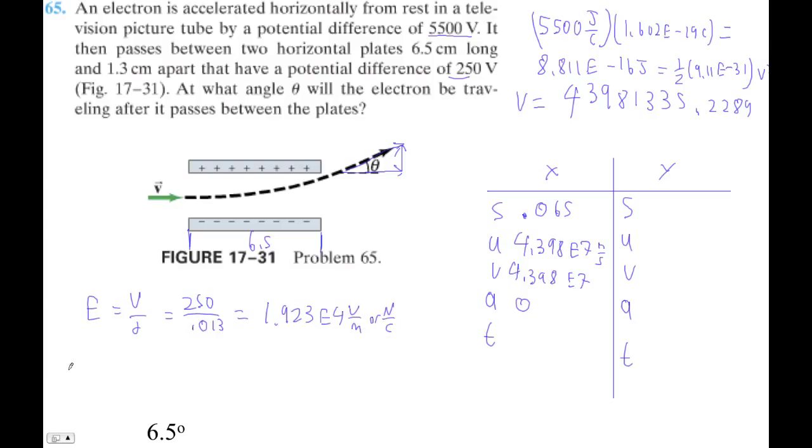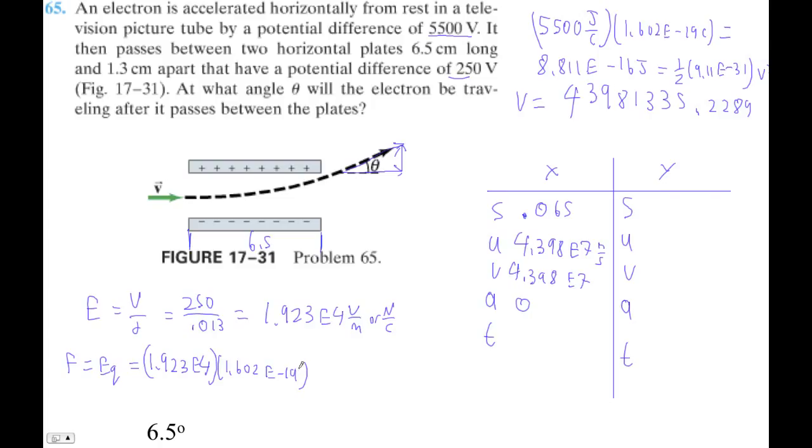Okay, so therefore the force is going to be EQ. The force is going to be EQ, and so 1.923 e to the 4th, and then it's an electron, so it's 1.602 e minus 19.